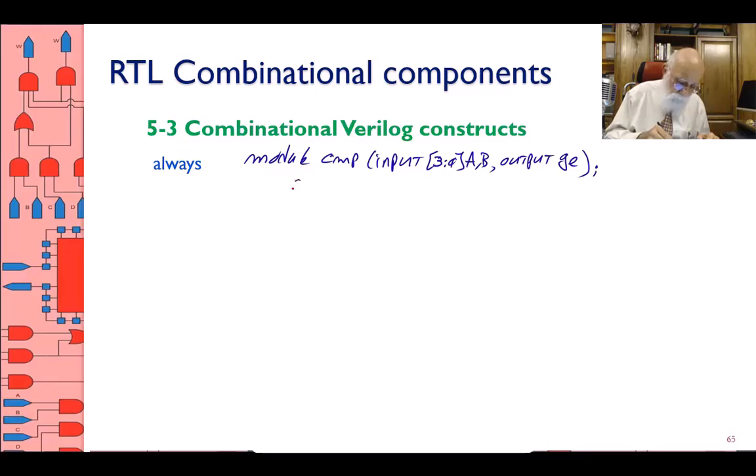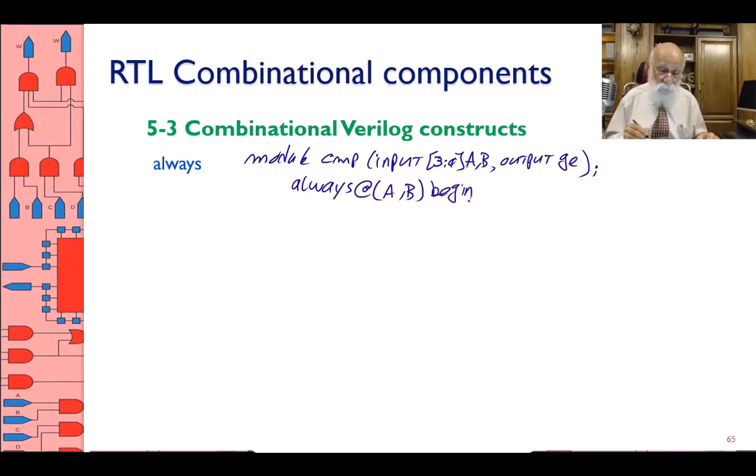I can do it a million ways. I do always. The inputs are A and B, and therefore they participate here. The output is GE, but then I'm setting it inside an always, and therefore the output has to be reg GE. If A is equal to B. See, equal, you do equal, equal.